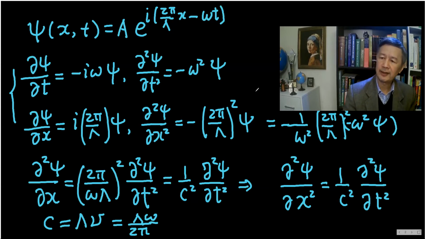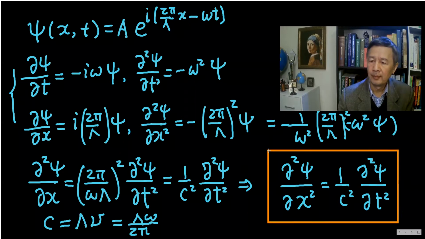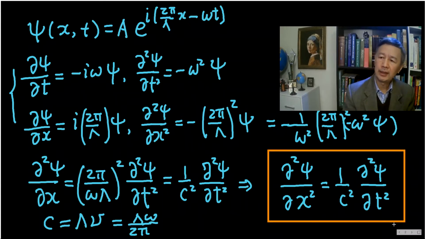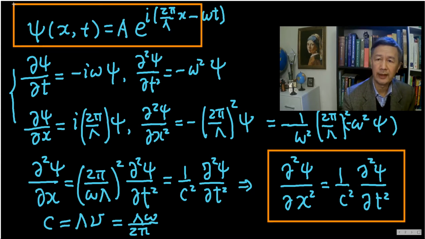Then we get a second order differential equation, which is the famous wave equation in classical physics. Remember, this is the underlying partial differential equation for the classical wave. This is the wave function for a classical wave.